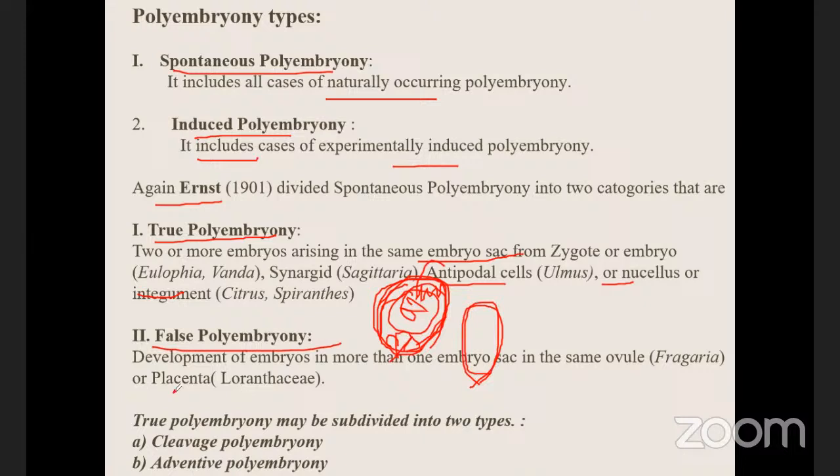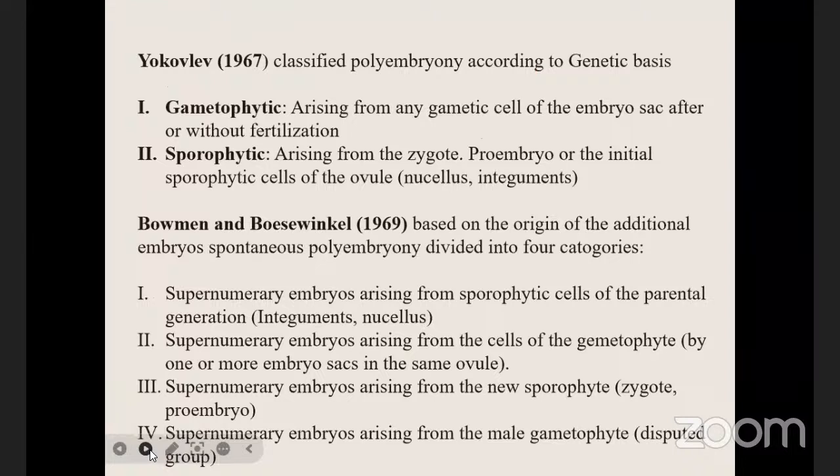From the placenta, in Loranthaceae, from the same ovule, in Fragaria. True polyembryony is again divided into types: cleavage polyembryony and adventive polyembryony.